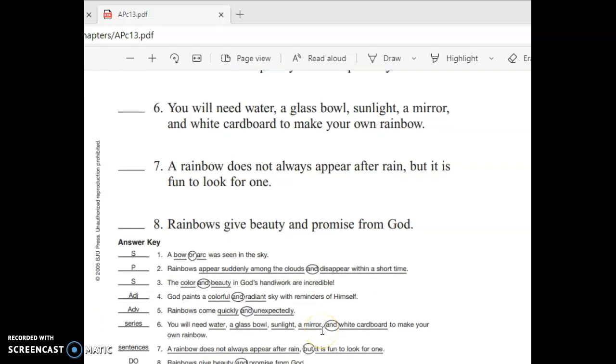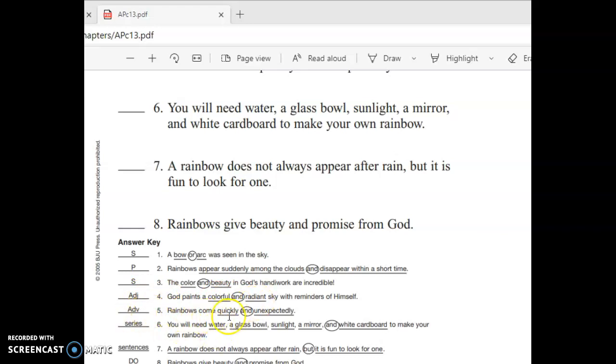All right, so if you want to go back and look at how we did, we said that bow or arc was the subject of the sentence. We said that appear and disappear are the verbs of the sentence. They have these highlighted as whole predicate phrases. Number 3, again, color and beauty is the subject of the sentence. Number 4, you have adjectives being joined, colorful and radiant.